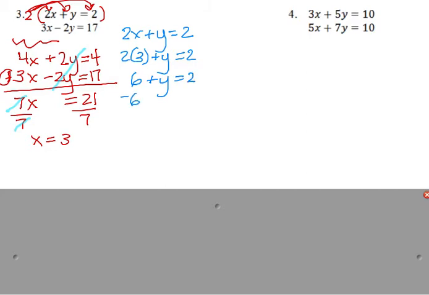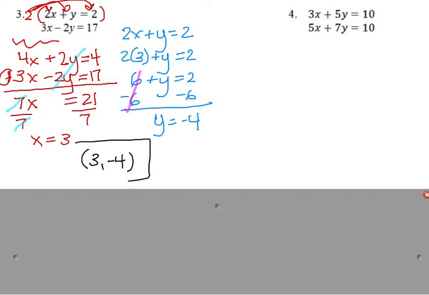And then we will subtract 6 from both sides. So these will cancel out. And I can say that y is equal to negative 4. So then my point of intersection, my ordered pair, would be 3, negative 4. So this is the solution to the system.